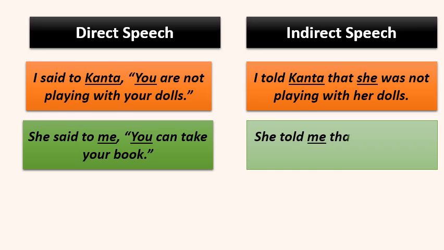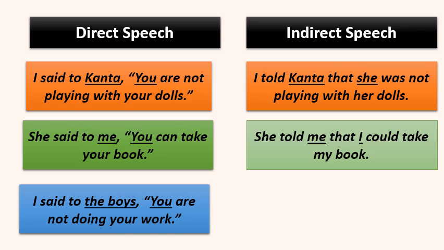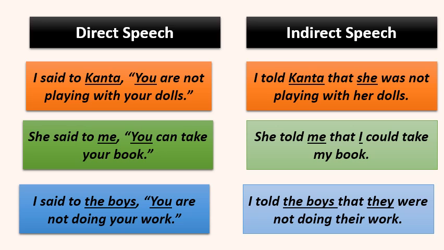So the sentence will be, she told me that I could take my book. Fine. Same with other example also. I said to the boys, "You are not doing your work." So the sentence will be, I told the boys that they were not doing their work.